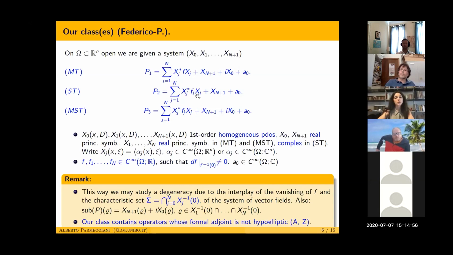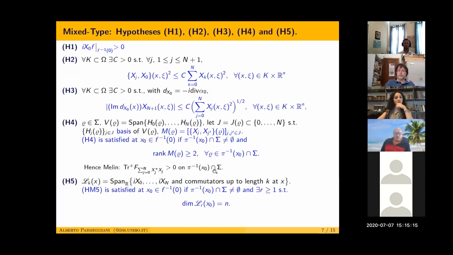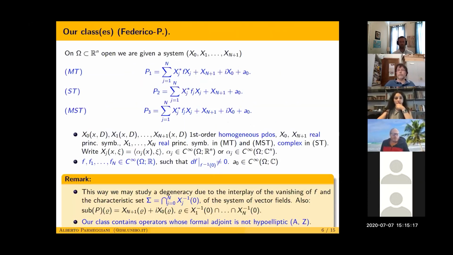Here you notice also that we have many fj, which concur to give some degeneracy. Instead, here only one. Here again, many. The point is that the zero set of f must be non-degenerate, which is the reason for this condition here. So let me go back here.